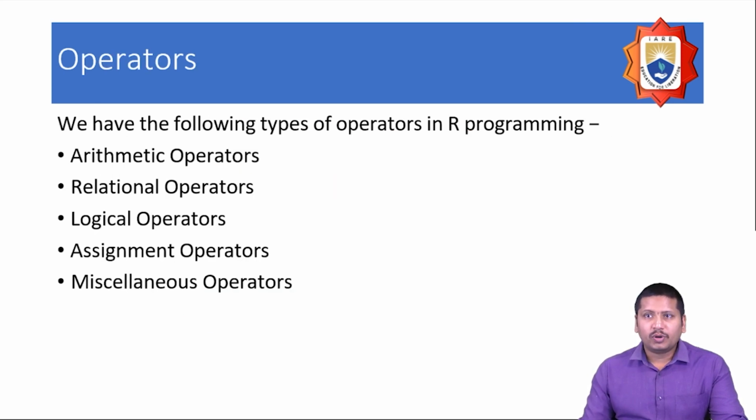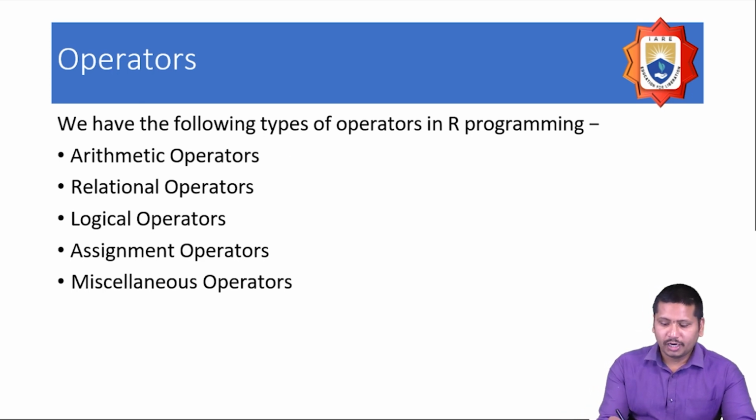And we're going to see what types of operators may come in our programming. They are arithmetic operators, relational operators, logical operators, assignment operators, and some miscellaneous operators. Some of the arithmetic operators are plus, minus, multiplication, division, modulus.